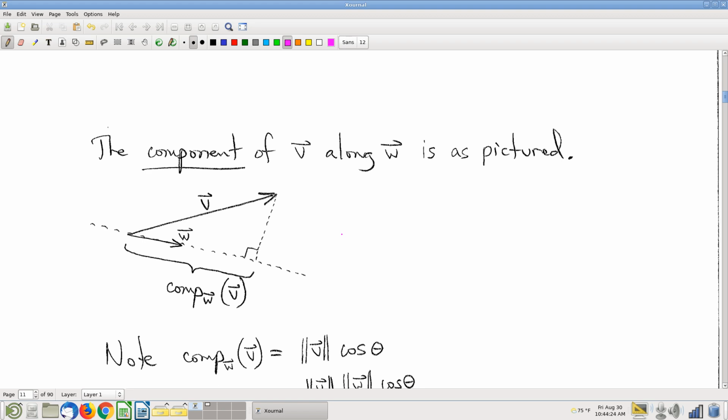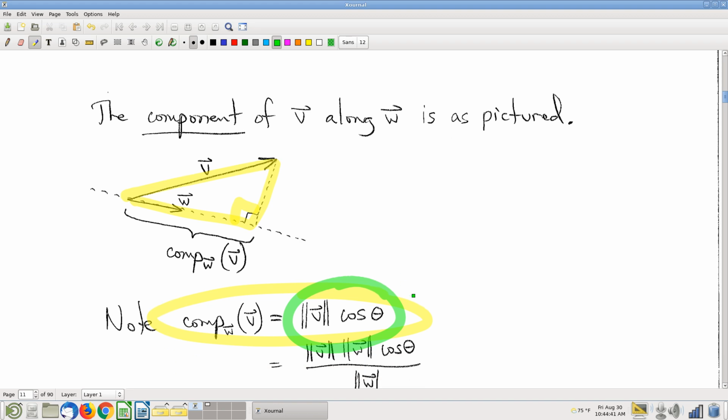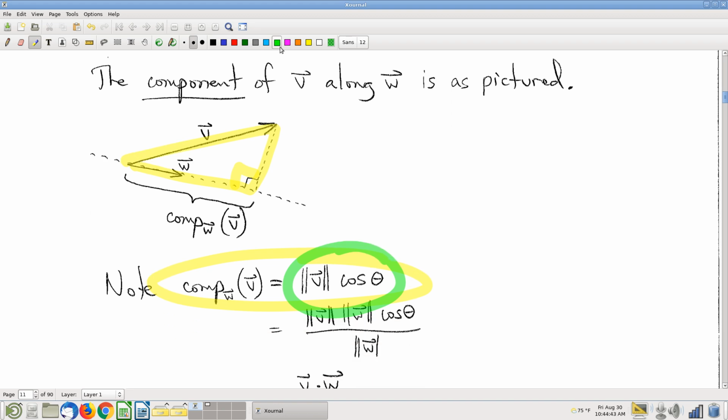Okay, so easy trig, as it turns out. You look at this right triangle here. That's a right angle. And trig tells us that. And then you look at the right side of that equation, and you think, oh my gosh, that looks a lot like our existing formula for dot product. Notice if I just multiply and divide by the magnitude of W, then all of a sudden my numerator looks exactly like my formula for dot product.